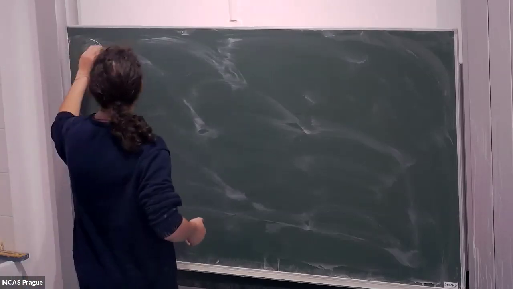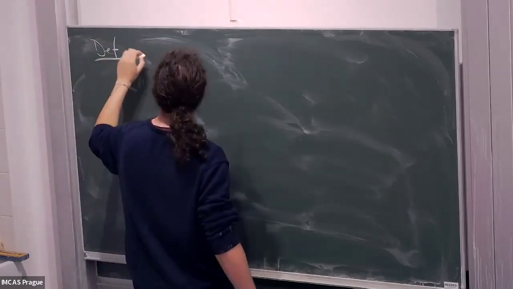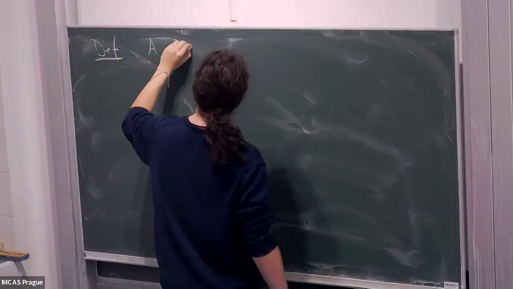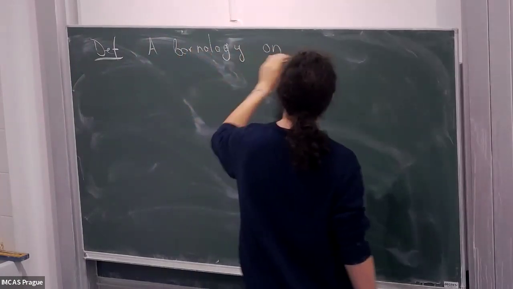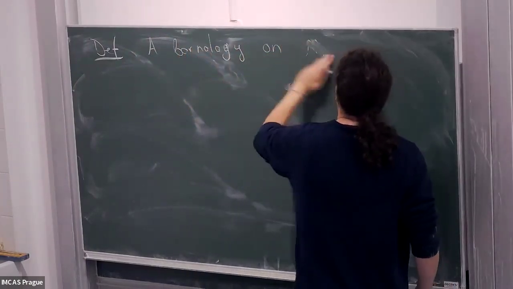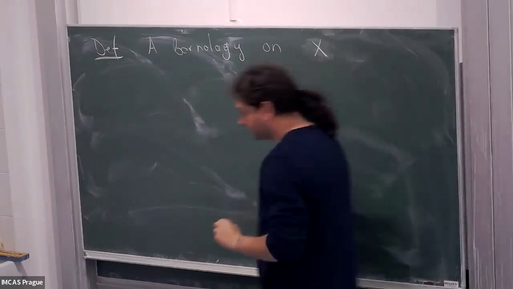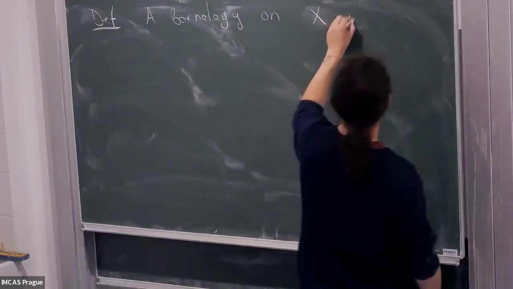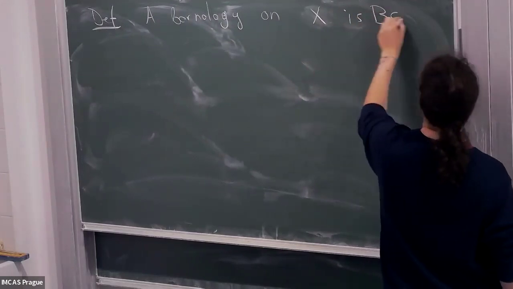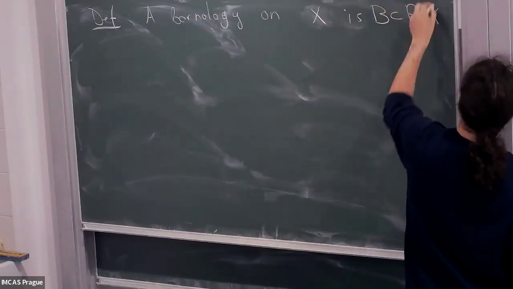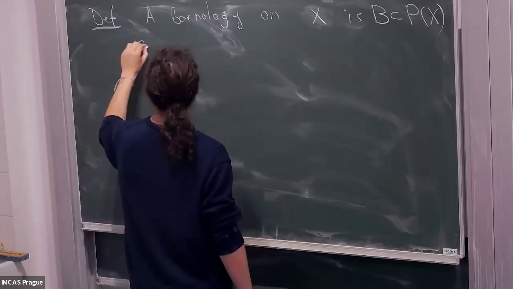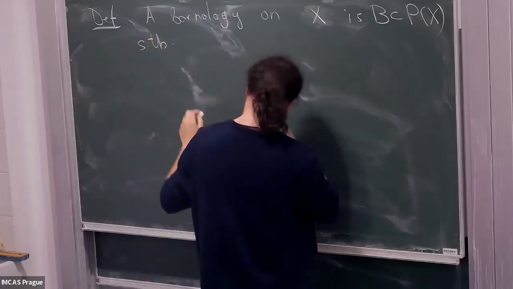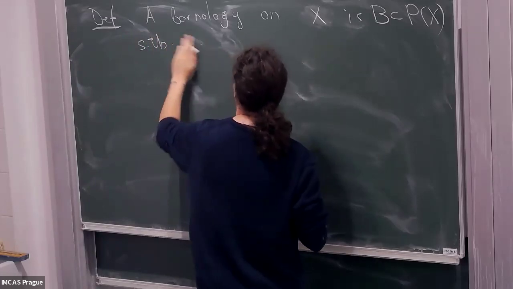So, definition: a bornology on a space X is a subset of its power set. Like a topology, it's a system of subsets such that subsets of bounded sets are bounded.